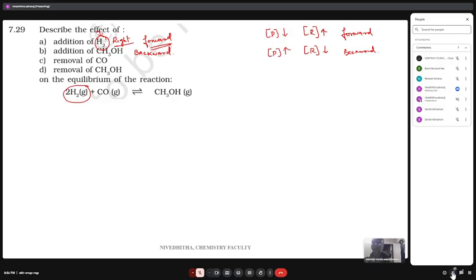Removal of carbon monoxide. Carbon monoxide is the reactant, and if you decrease the concentration of the reactant, then reaction will move in a backward direction. And this question.